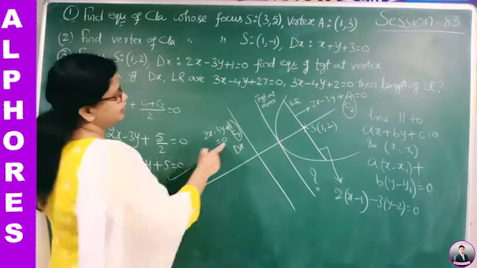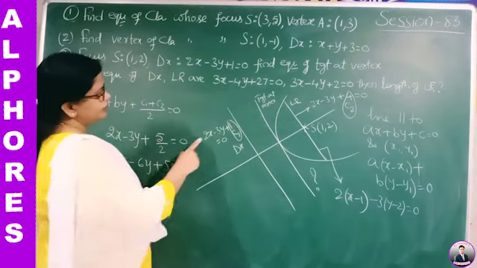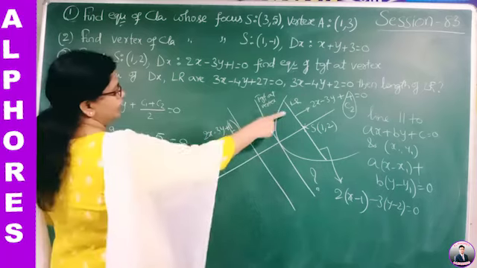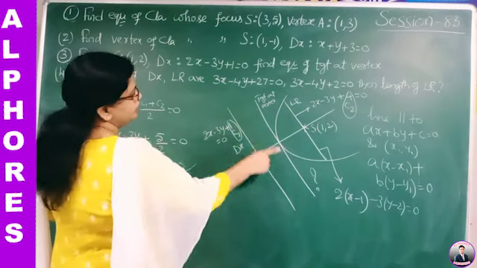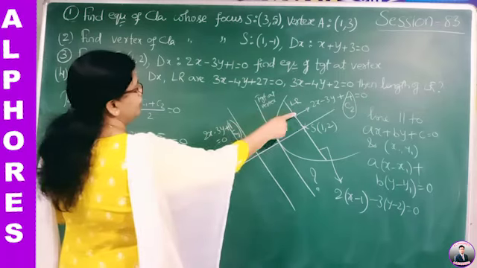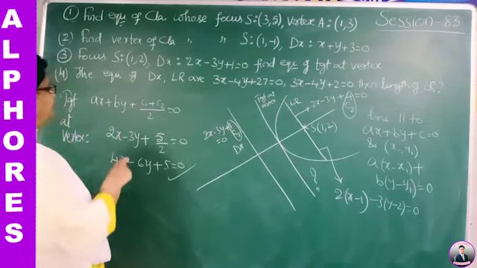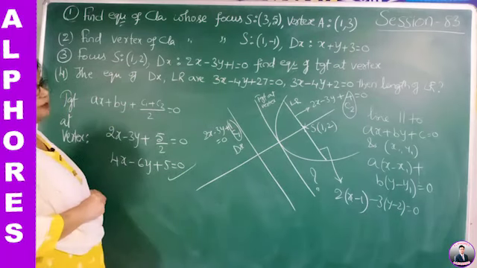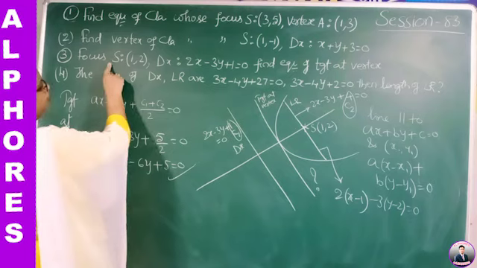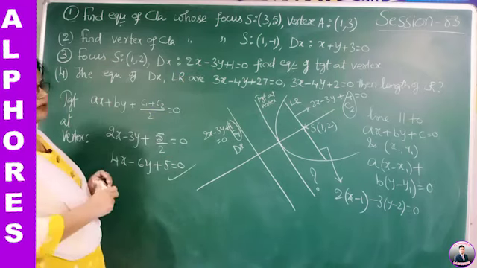So we found the equation of the latus rectum, because the directrix is parallel to the latus rectum. Once you have the latus rectum and directrix, you can easily obtain the tangent at vertex, which is a parallel line to both of these and lying exactly midway between them. This is the formula for it. So now, students, focus given, directrix given, we obtained the tangent at vertex.